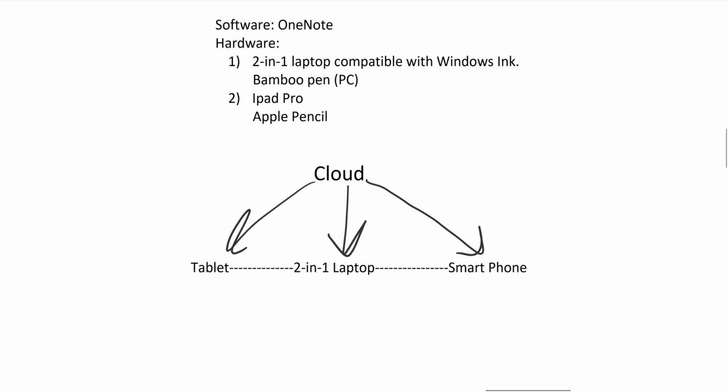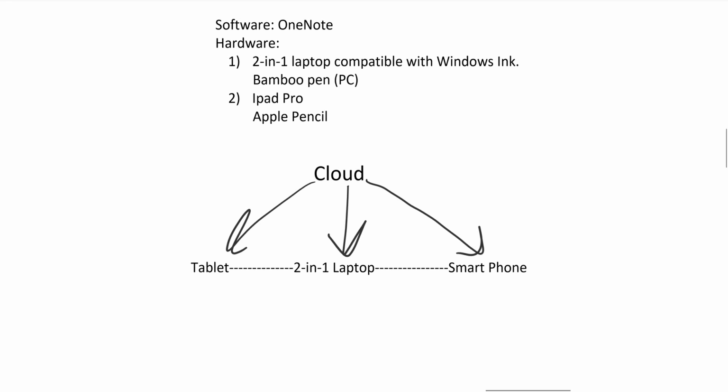You can go to one of your friends' or relatives' house, use their computer, and even though you don't have your own computer, you can put in your password, and the cloud will send you your notes, and you can actually do work without even having your own computer. I'm not exactly sure, but I don't think it saves your notes onto somebody else's computer. I don't really know much about that.